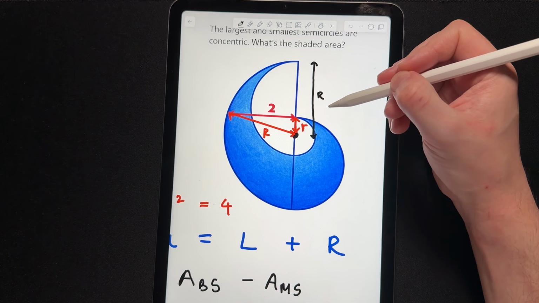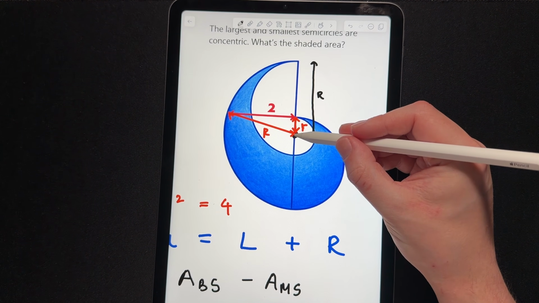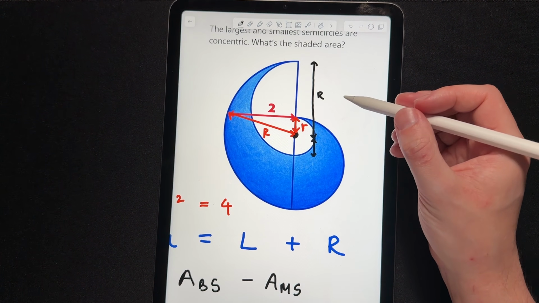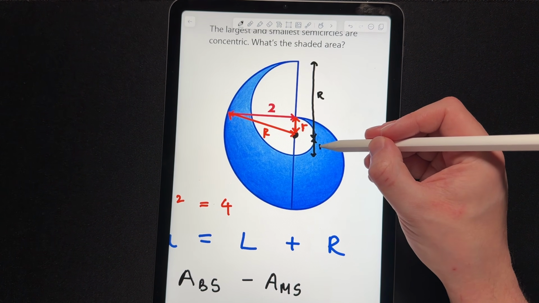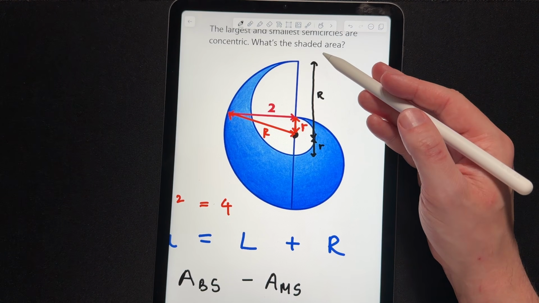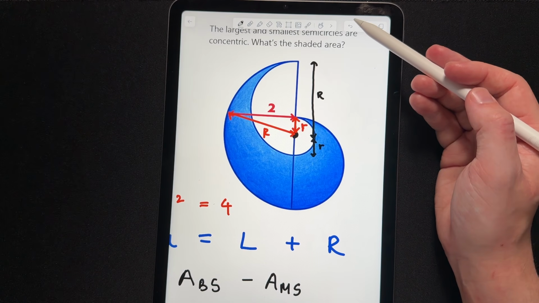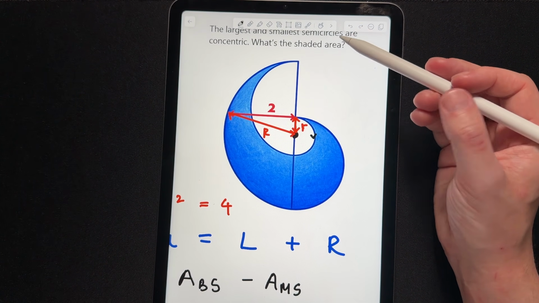That's going to be big R. And then from the center here to the circumference on the point of the smallest semicircle, that's just little r. So the diameter of this medium semicircle is big R plus little r.